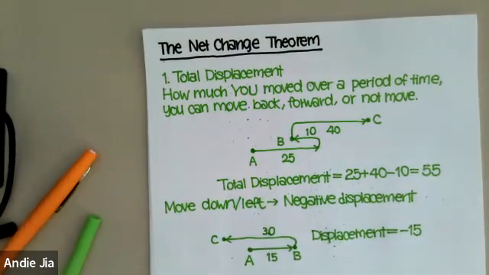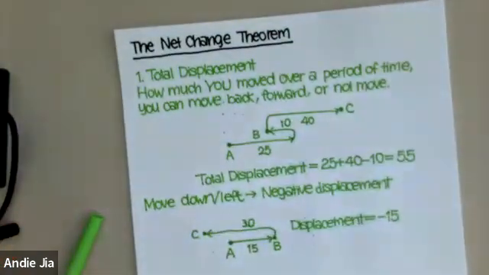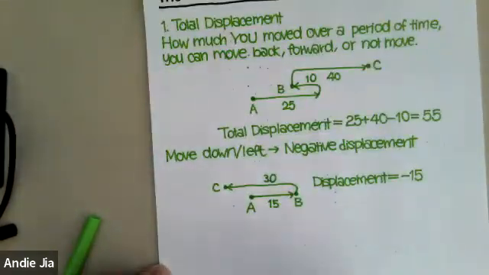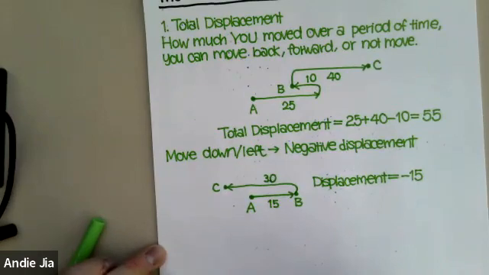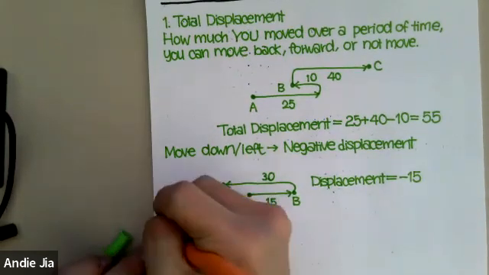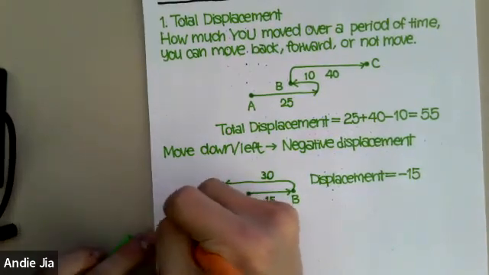Total distance traveled is another different concept that is introduced in Calc 1. No, in Calc 2. Number 2, it is total distance traveled.